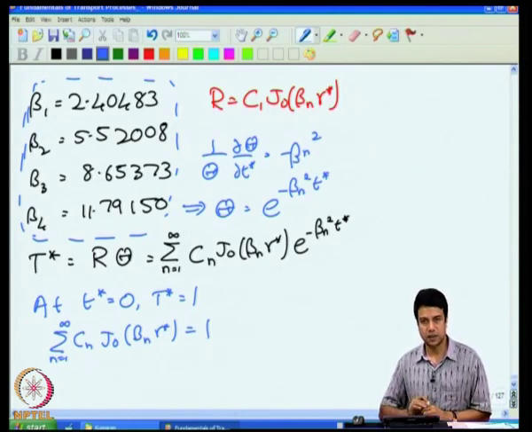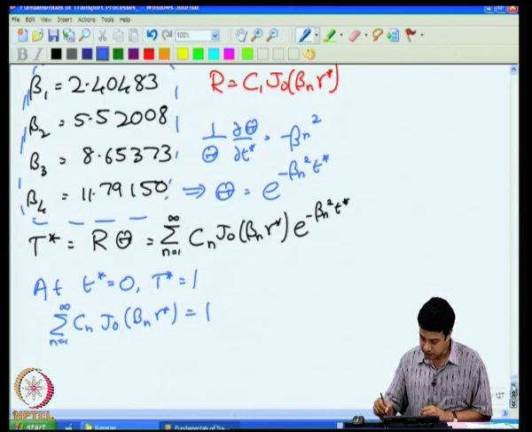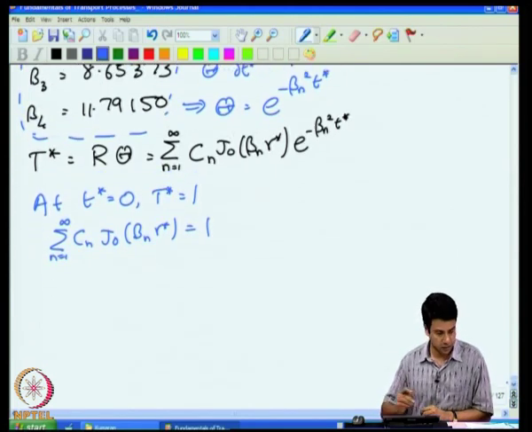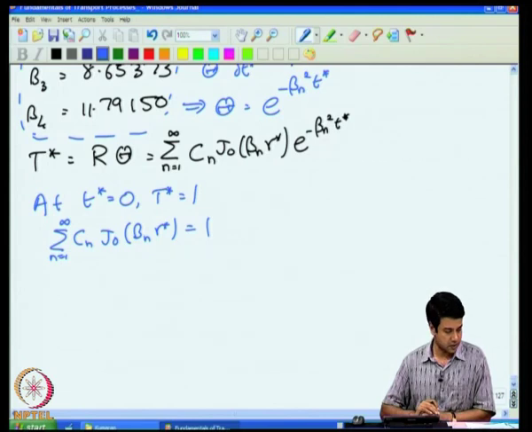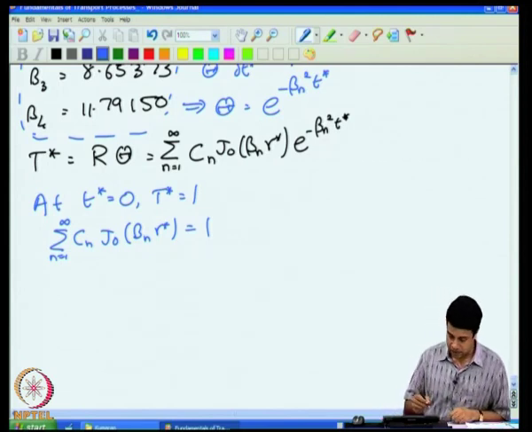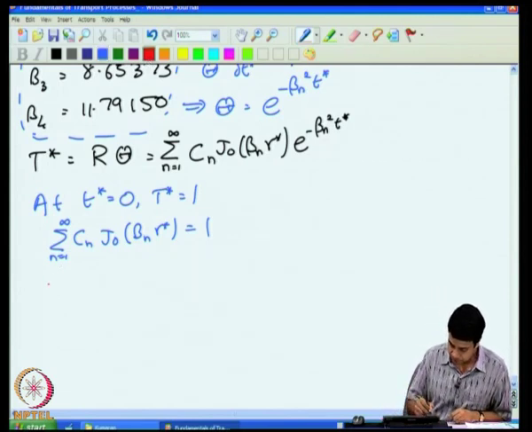We have an orthogonality condition for the Bessel functions as well. Okay. It is slightly different from the orthogonality condition for the sine and cosine functions. What it says is that the integral from 0 to 1 of r star dr star. Okay.